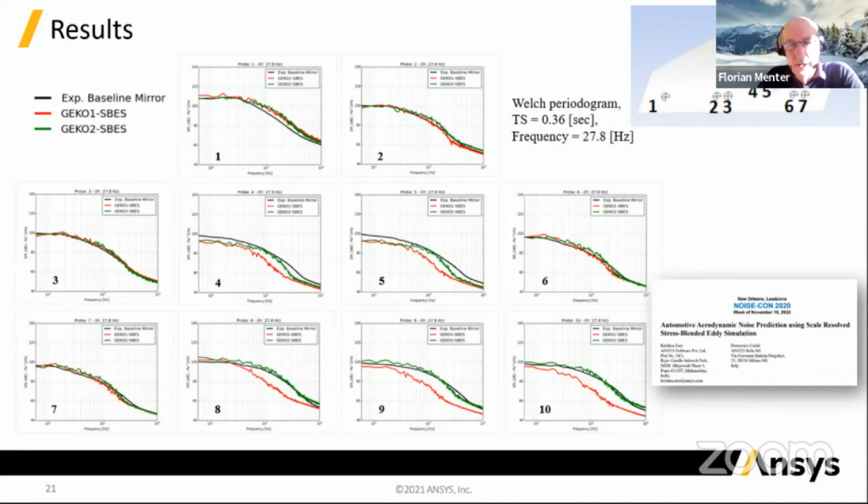And here you can see the side window and the measurement points where the pressure fluctuations were measured. And you can see then a comparison of the simulation with the SBES model and the experiments. And you see the biggest difference, of course, is in locations 8, 9, and 10, which is exactly the region where the A pillar vortex impinges on the window.